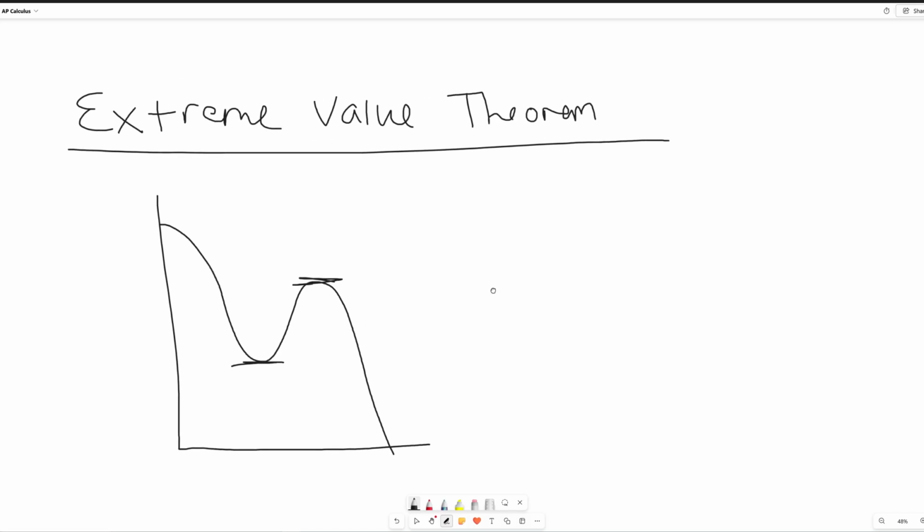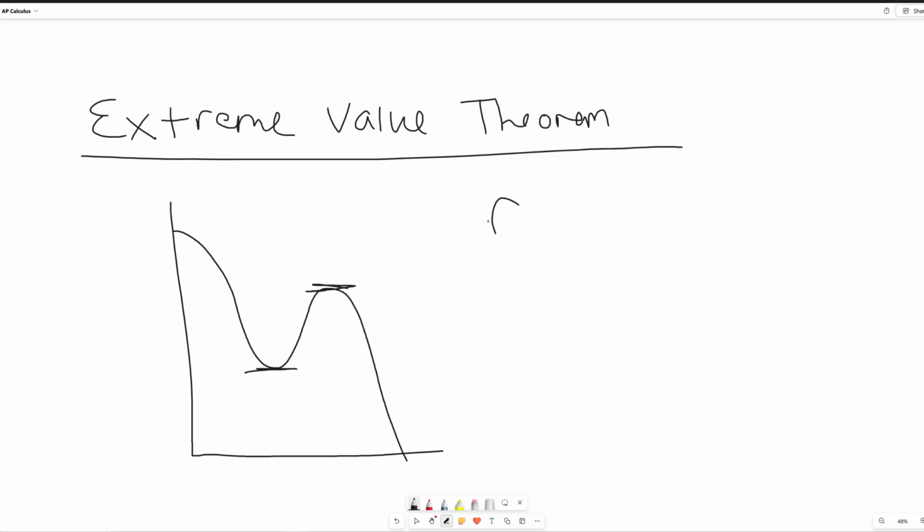So, if you have whatever function this is, let's say this is at 0, this is at x equals 6, this is at x equals 4, this is at x equals 2. So, to find your absolute maximum and minimum, you look at f of 0, f of 2, f of 4, and f of 6.